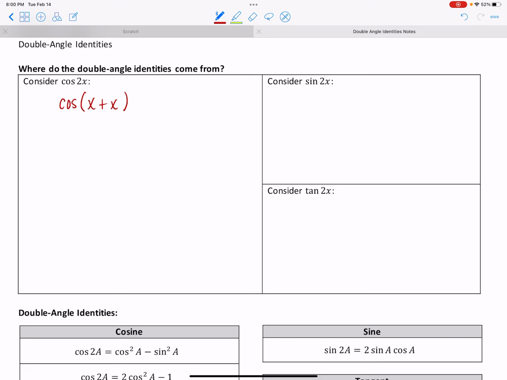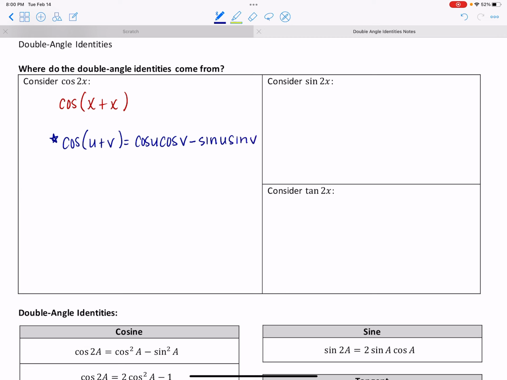The last topic that we looked at was, again, our sum or difference identities. We said if we have the cosine of a sum, we just called it u and v, that would be equal to the cosine of u times the cosine of v, minus the sine of u times the sine of v.